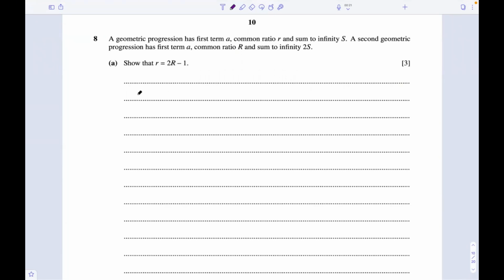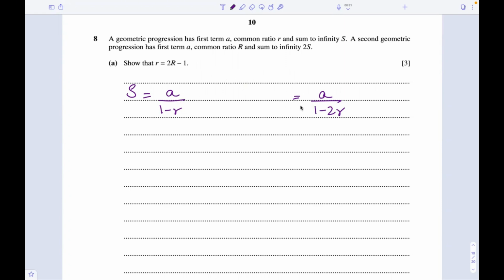Now to go about these questions, we can just start off by writing the formula for sum to infinity, which is S equals A upon 1 minus r. Now the sum to infinity for the second progression is A upon 1 minus R, and it is twice the first, so basically 2 times the first progression.